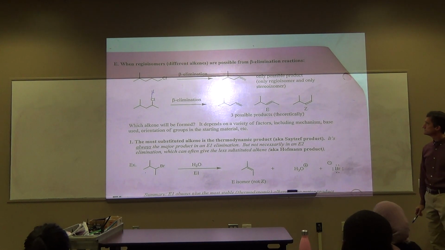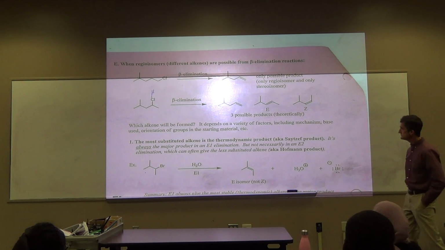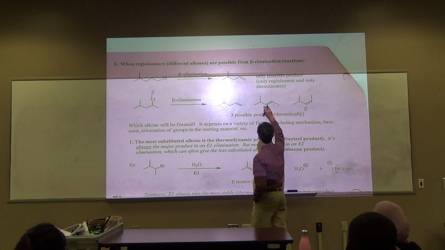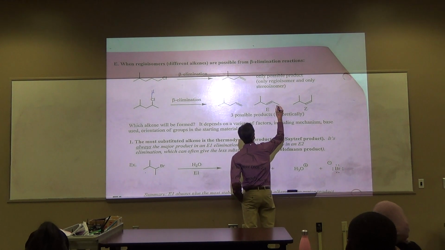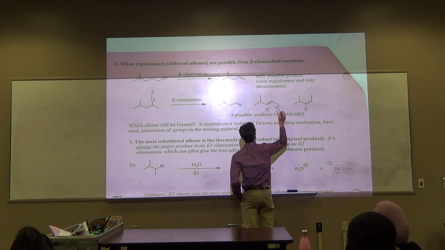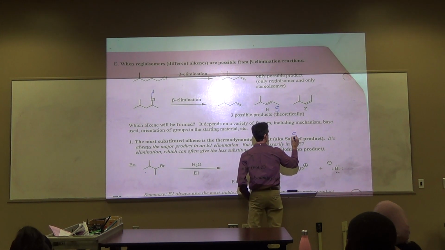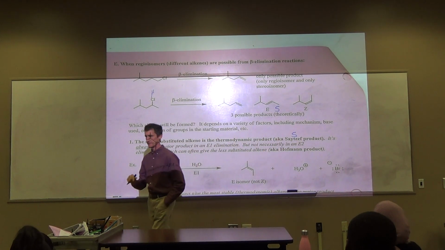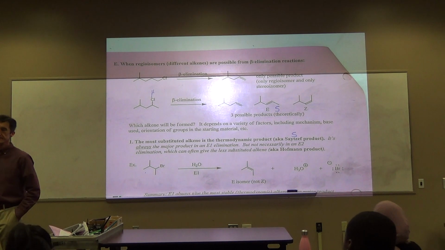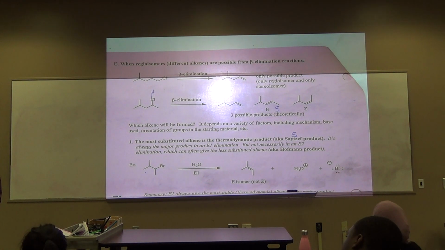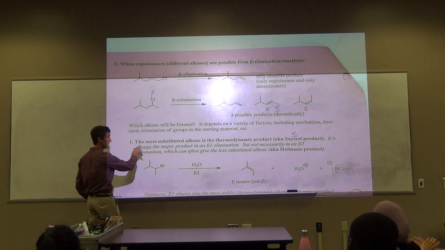The middle one. I'm saying S for Zaitsev. Now when you read it, it says Zaitsev with a Z. Don't get confused by my S. S is Zaitsev. That's the Zaitsev part. The middle one. Why? Most substituted alkene.